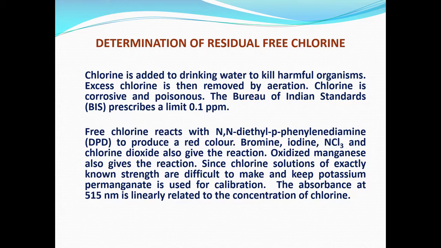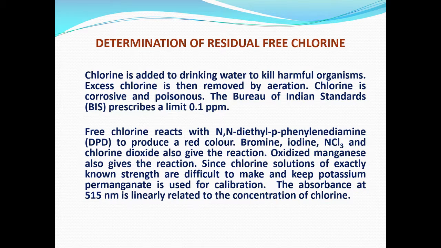Obviously, all halogens like bromine, iodine, nitrogen trichloride and chlorine dioxide give this reaction. Oxidized manganese gives a similar reaction. So, we have to assume that bromine, iodine, etc., if present, will interfere in the analysis of free chlorine.